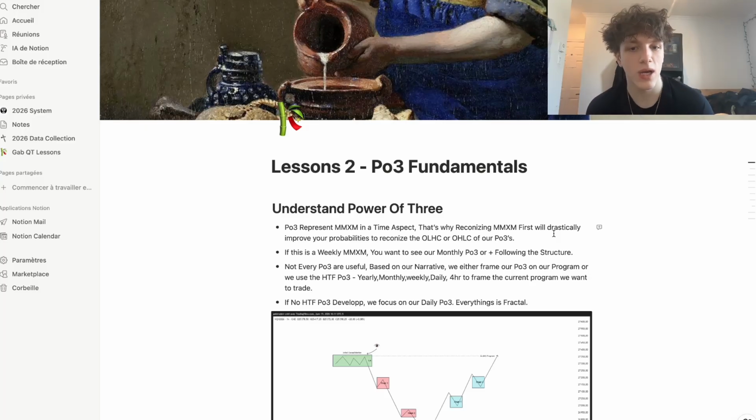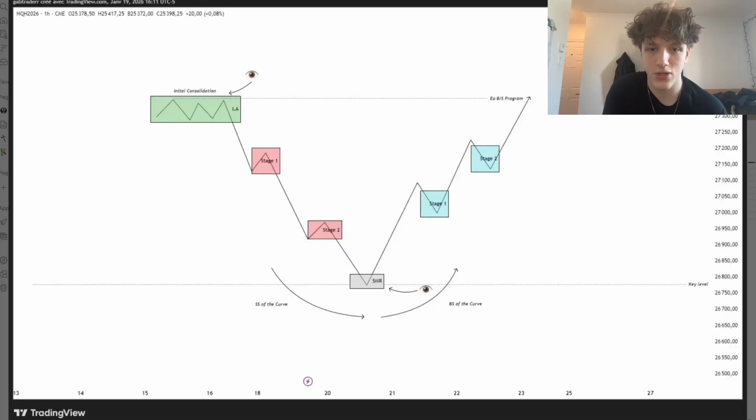If we have a weekly market maker model, you want to see our monthly Power of 3s following the structure. Making sense, right? So imagine, let's take this picture right there. Imagine this picture is a weekly market maker buy model, let's say. So every stage is a weekly candle.